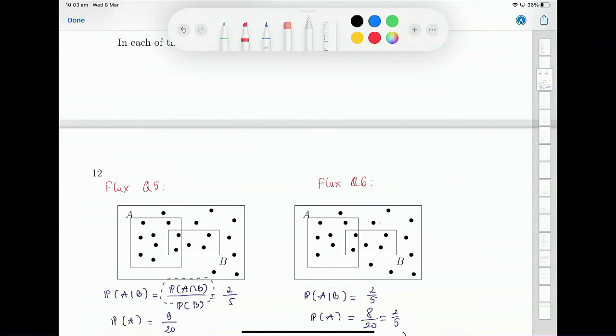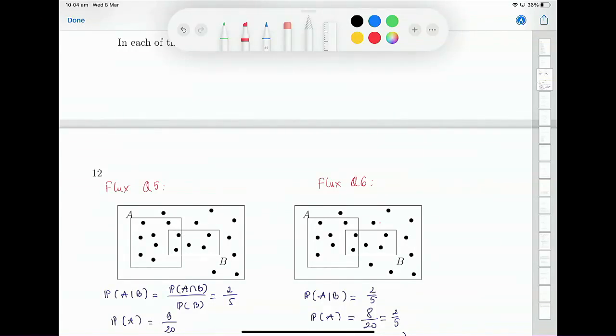And how many elements are in this intersection, which is 2. So you have 2 over 5. 5 is the number of elements in B.